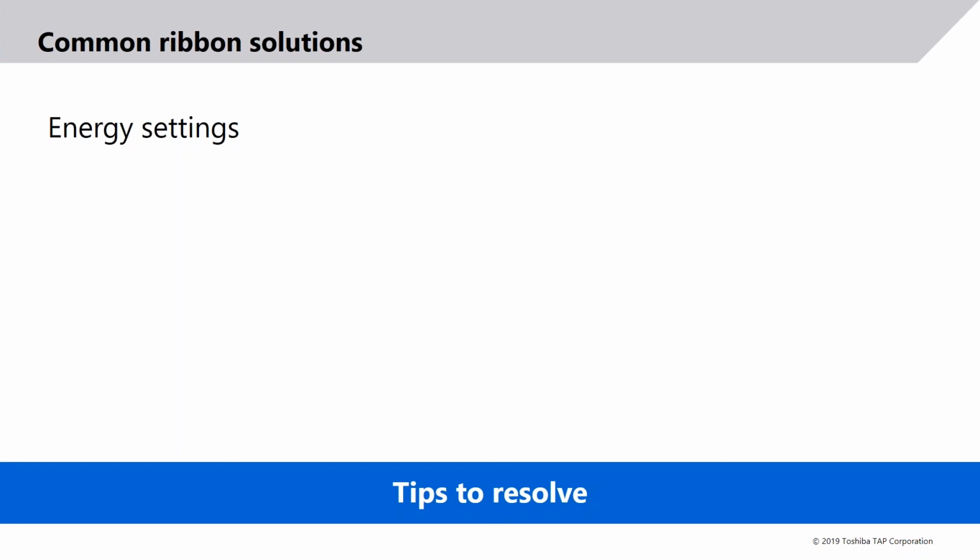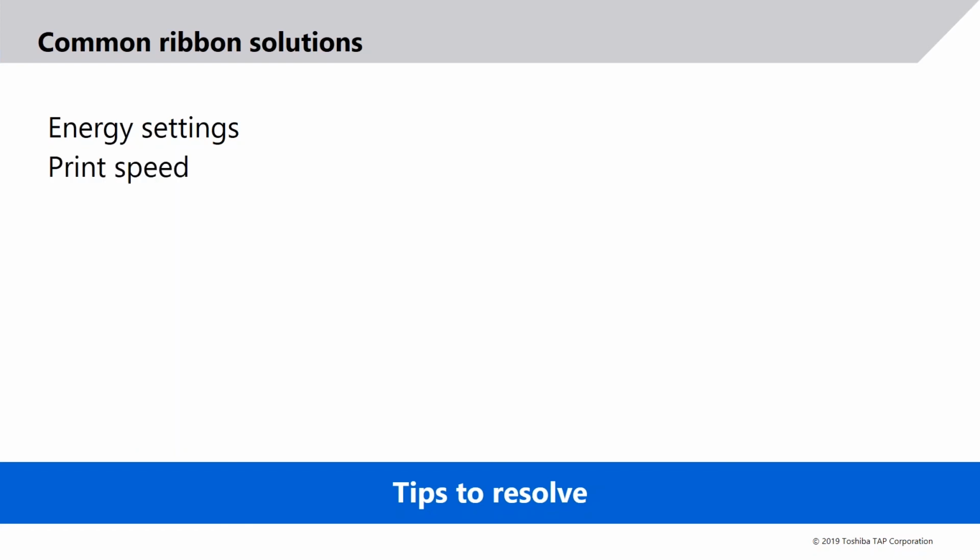Even if you have a resin ribbon and you've swapped to a different resin ribbon, whilst they're both resins, they're made up of different compositions. So sometimes you will need to make changes if you're changing either the labels or the ribbons that are mixed in there, or even if you change your printer, that can result in needing a different energy range. So this is always the first place that you should start.